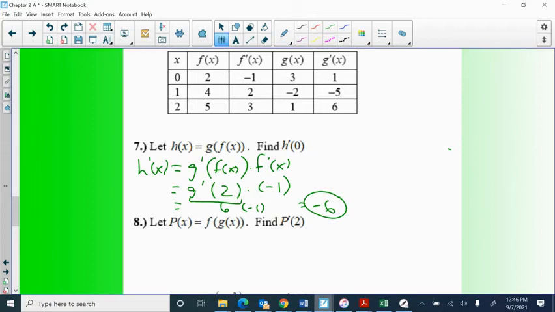I'll see if I can help make this out too. F prime of 0.